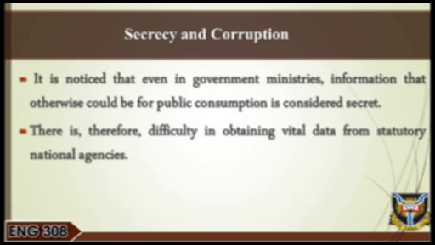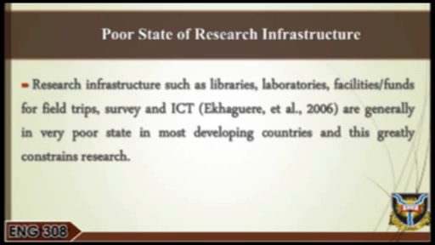Poor state of research infrastructure. Research infrastructure such as libraries, laboratories, facilities or funds for field trips, surveys and ICT, Ehagure et al. 2006, are generally in very poor state in most developing countries, and this greatly constrains research.